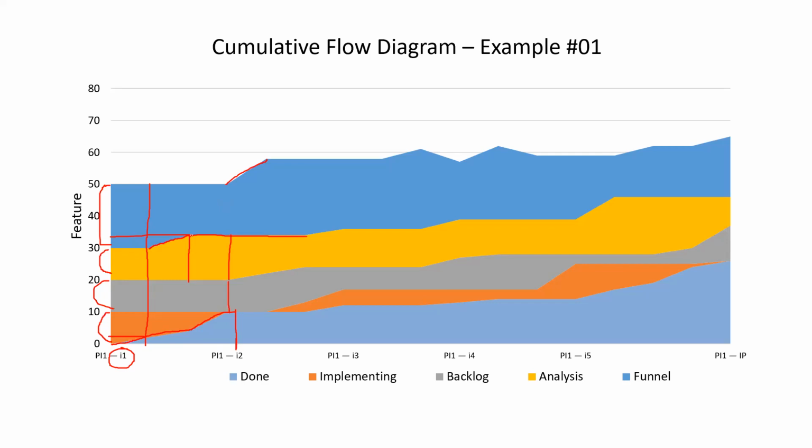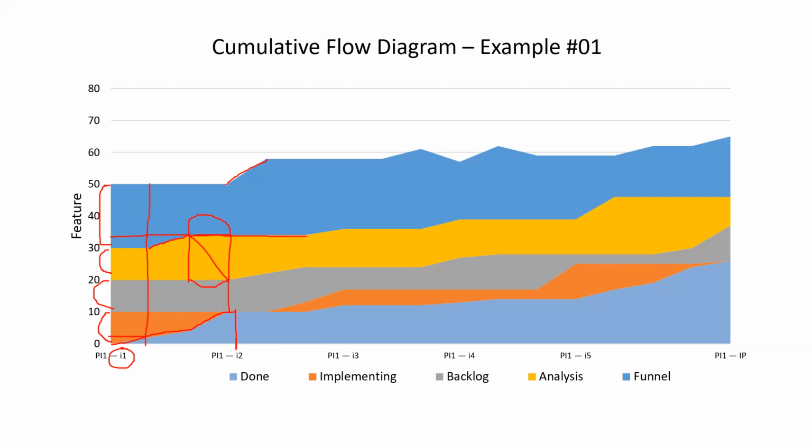See, the analysis stage remained constant, at least from this stage to this stage. How am I saying that? Because both are 34 and 20, which means 14 issues are there in the analysis stage.